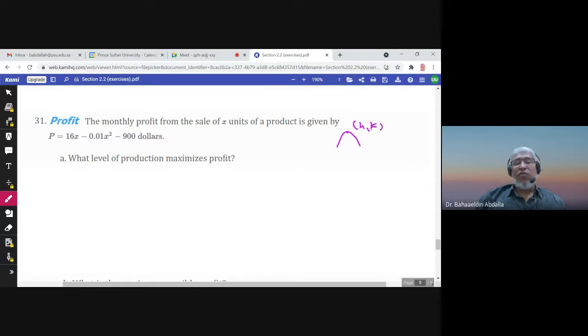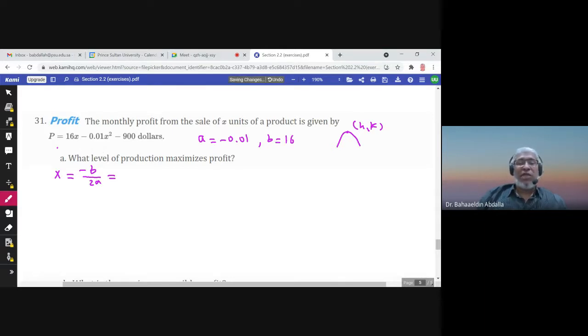So what level of production? That is x, or h, which is negative b over 2a. So what is a here? a is negative 0.01, the coefficient of x squared, and b is the coefficient of x.